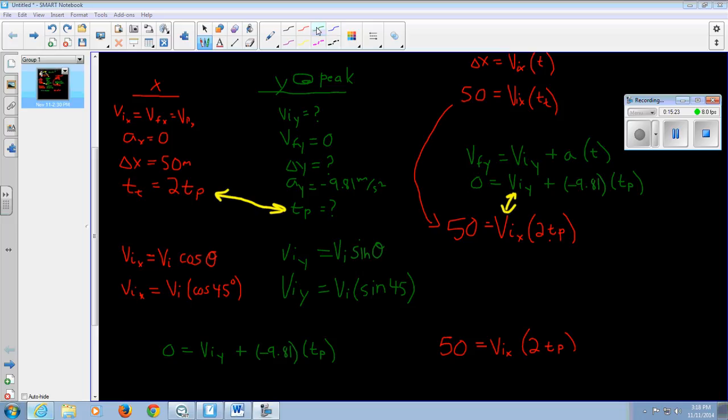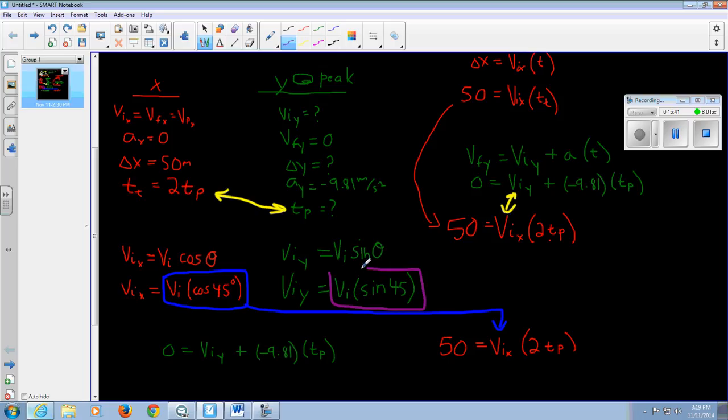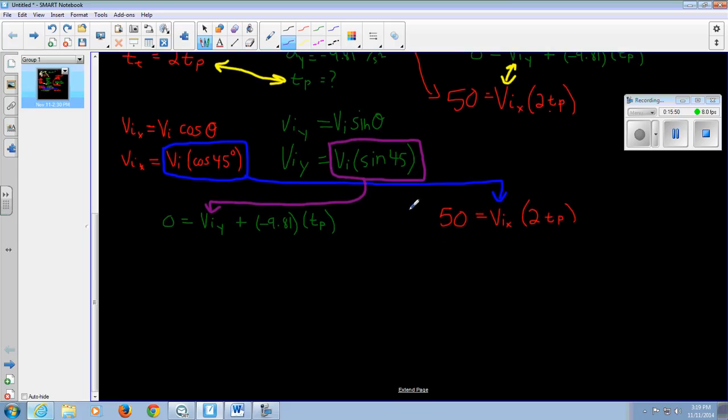And we're going to take this information and plug it in for your Vx. And we're going to take this information and plug it in for your VIy. And we'll see what happens.